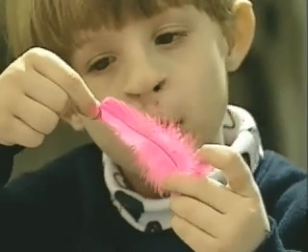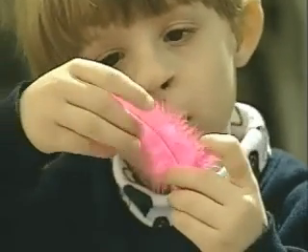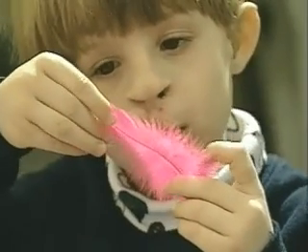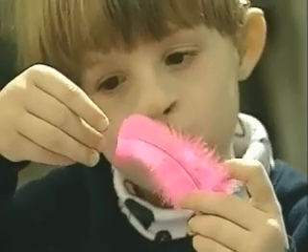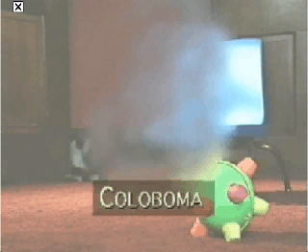Coloboma is a failure of two layers of tissue to fully develop and close together. This may result in a notch or cleft in various parts of the eye. The word coloboma is seen at the bottom of the screen. A large blurry splotch in the middle of the screen is used to simulate vision in individuals with coloboma.